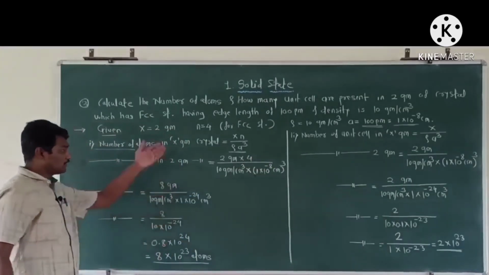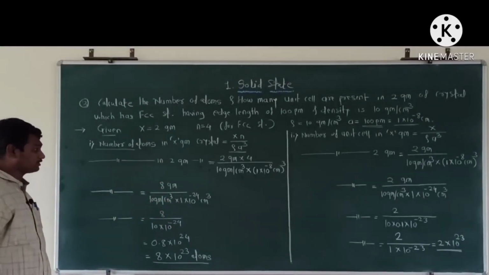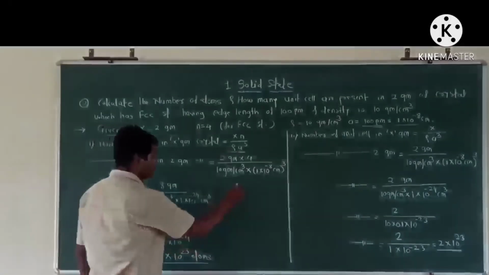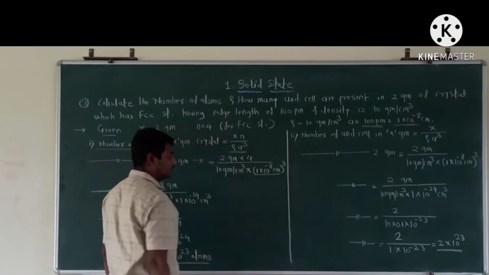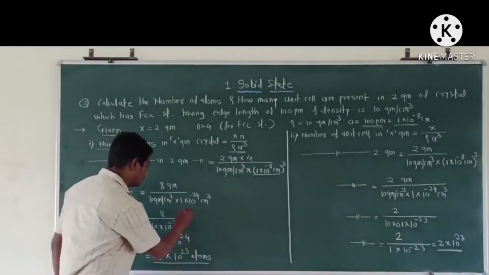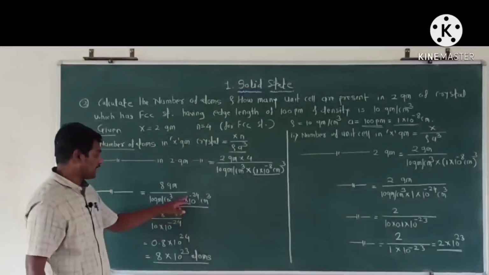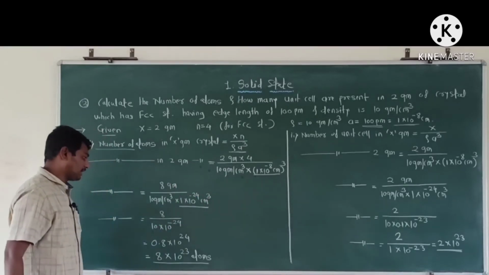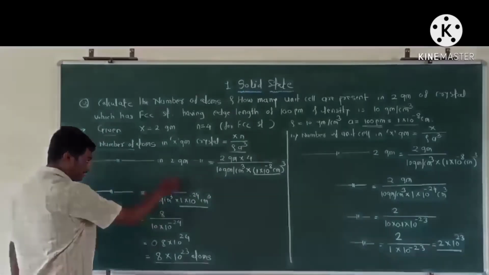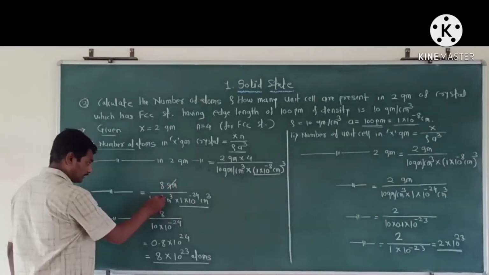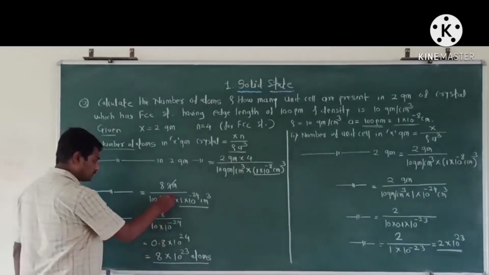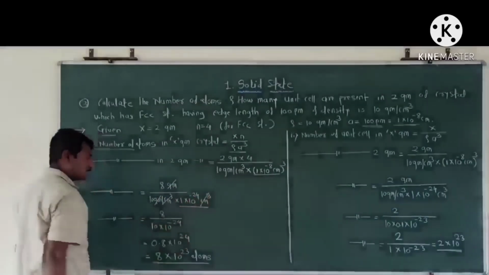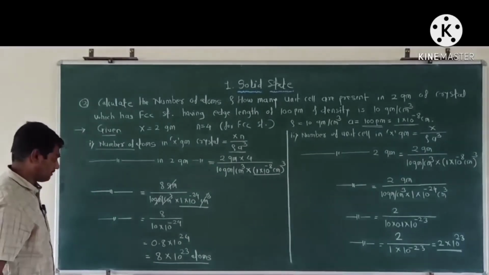Now solve this equation. First of all solve this bracket. After solving this bracket we get the value 1 into 10 raised to minus 24 centimeter cube. After that cancel the units: gram gets cancelled, per centimeter cube gets cancelled.